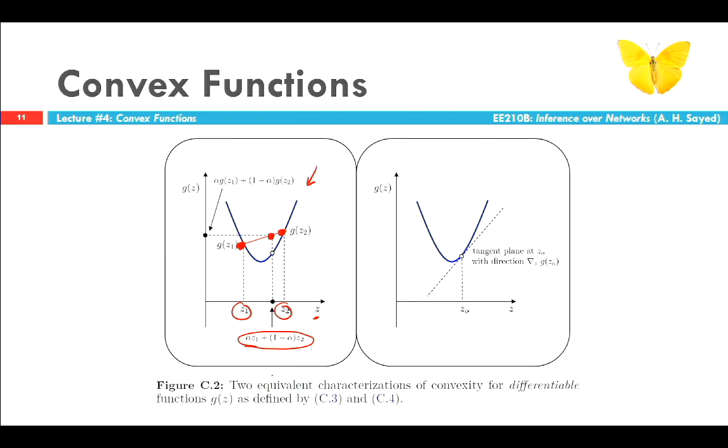Okay. So this is a convex function. If you evaluate it at 2 points here and there, right, then the value at any intermediate point will be lower than the value on this segment connecting the values of the function. That's what convexity means. Whenever you have that property, then your function is convex.